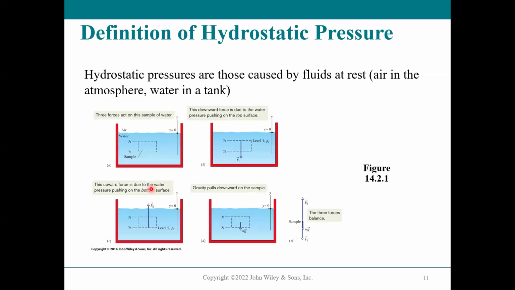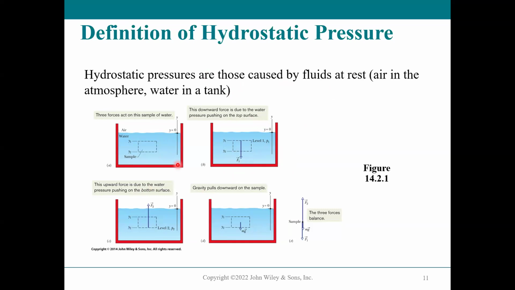Okay, this one is the definition of hydrostatic pressure. Hydrostatic pressure is caused by a fluid at rest. We see here that there is no motion of the fluid, and we can calculate it by using this formula. Pressure is weight divided by area.